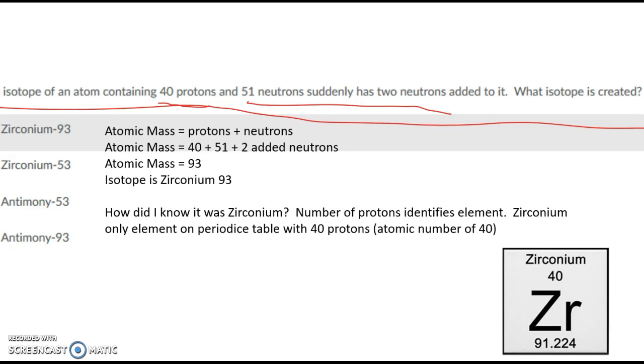So we look, and I find the one that had 40 protons, and zirconium is the only element on the periodic table with 40 protons, an atomic number of 40, so I knew we were dealing with zirconium. So we now know that we have zirconium, and we need to name it by its atomic mass, which is right here. We have zirconium-93. So our answer is zirconium-93.